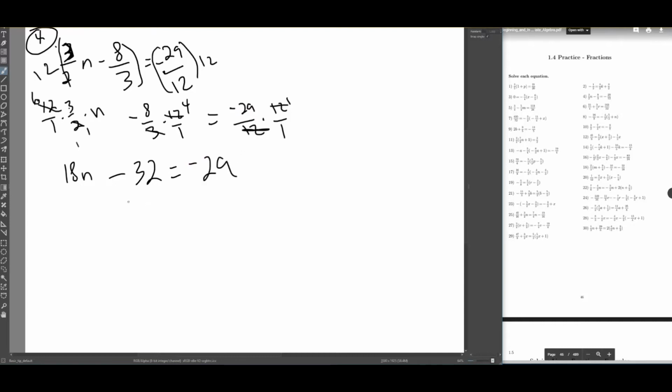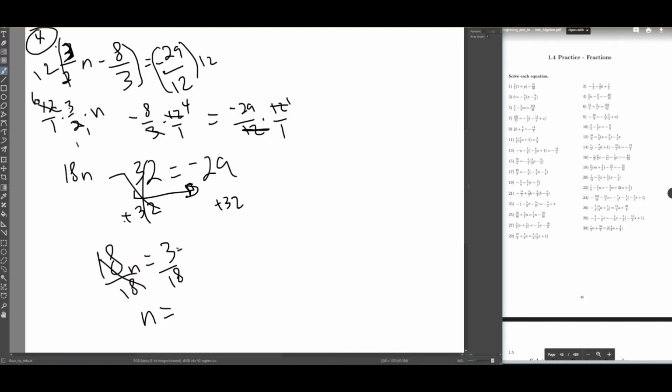So let's take a look at this problem. 6 times 3, that's 18n, minus 8 times 4, that's 32, equals minus 29, right? Because we got rid of the 12. All right, let's move this bugger here, and we do that by adding 32 on both sides.